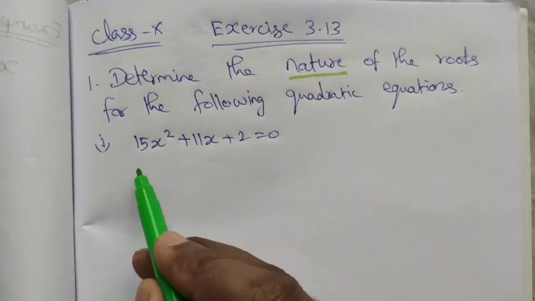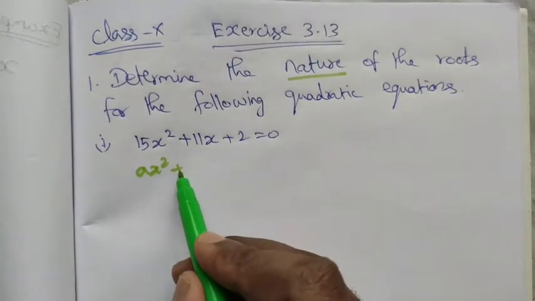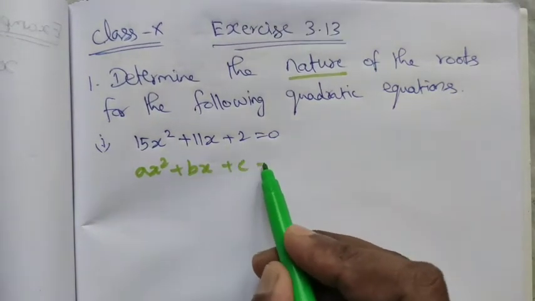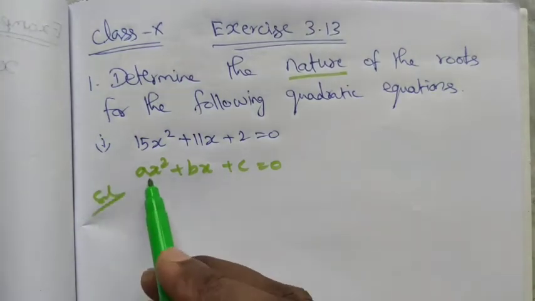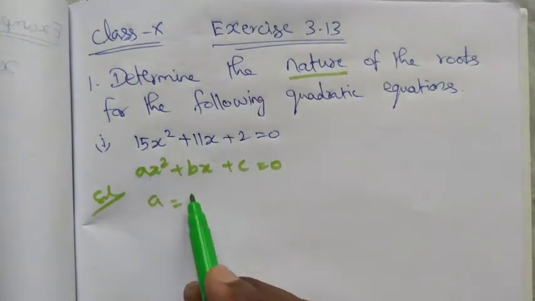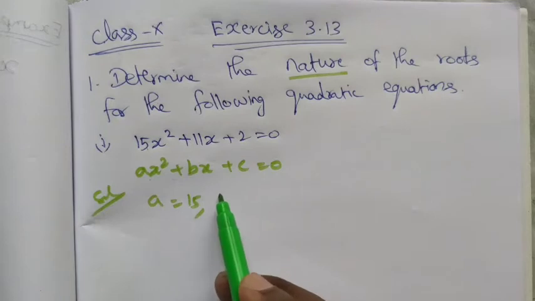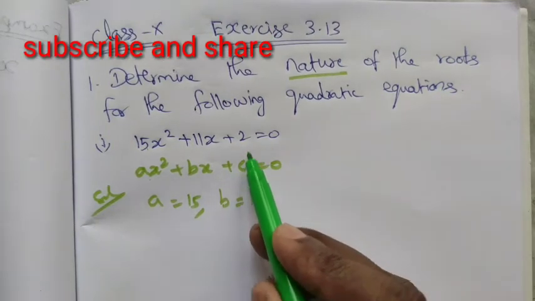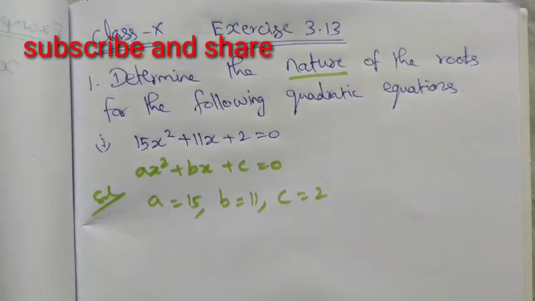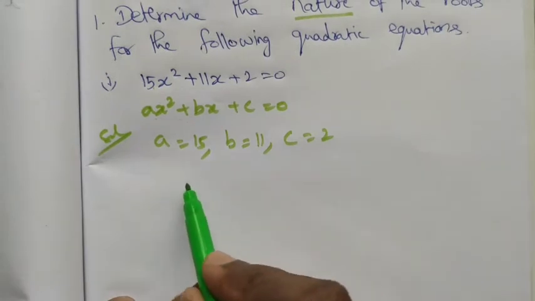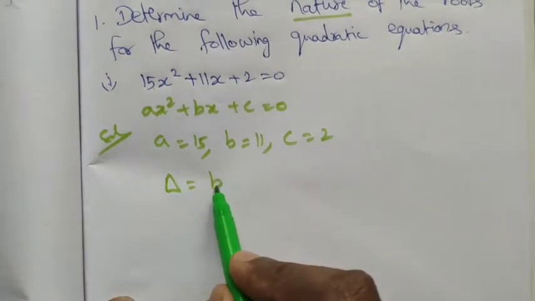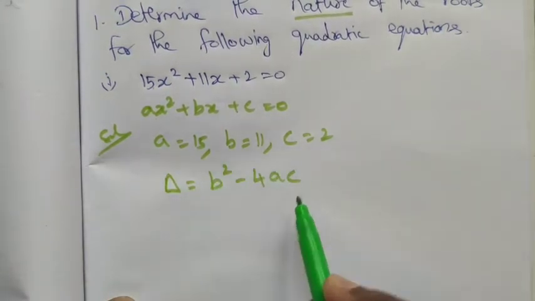First we compare this equation with the standard form of the quadratic equation. So a is equal to 15, b is equal to 11, and c is equal to 2. We know the formula for the discriminant: b square minus 4ac.